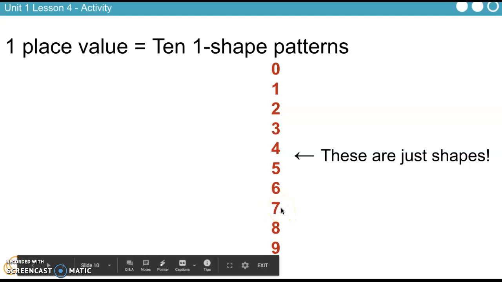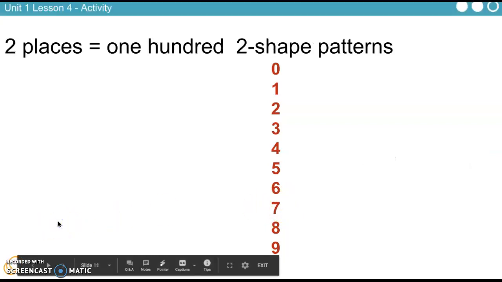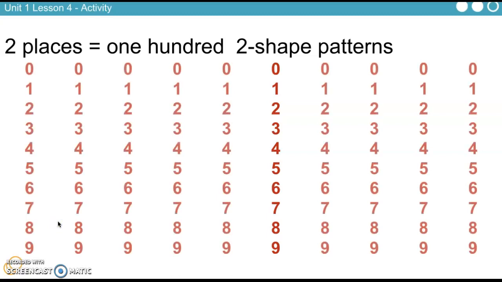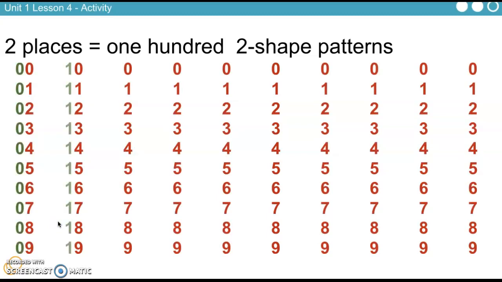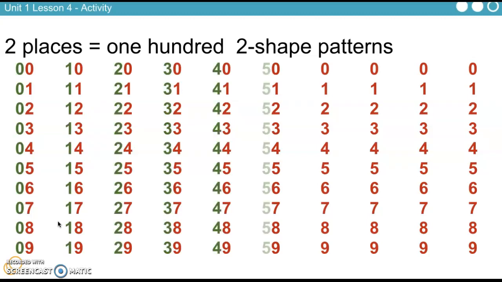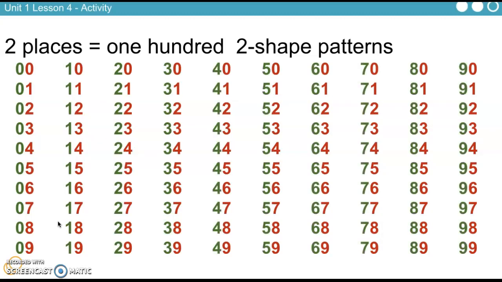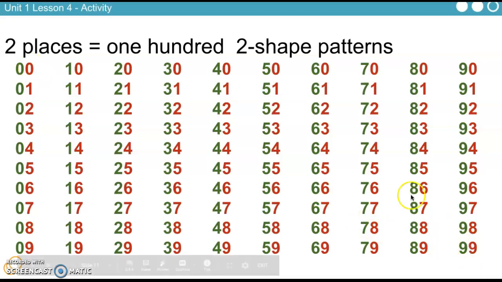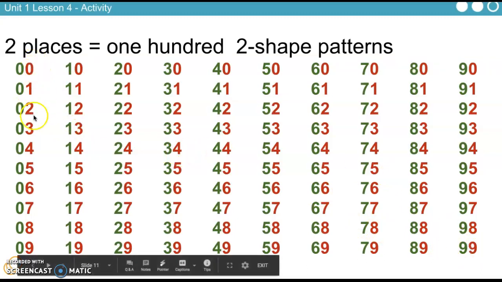We just happen to know what that means, right? So 2 places equals 100 shape patterns, from 0 all the way to 99.